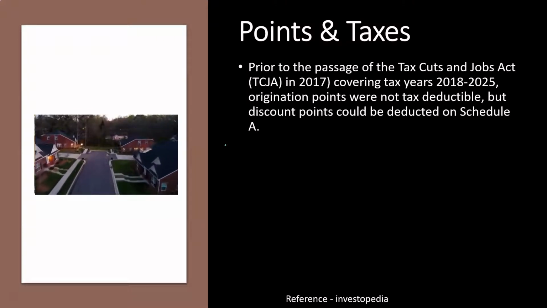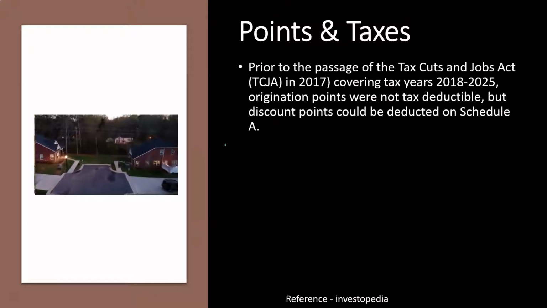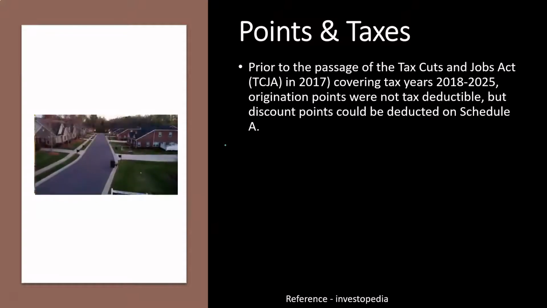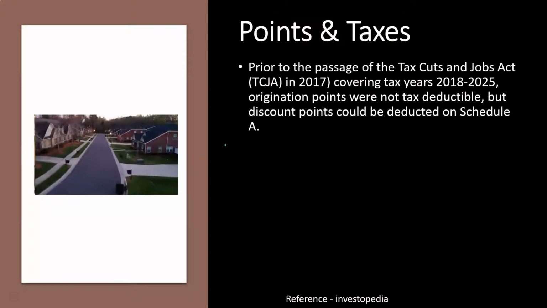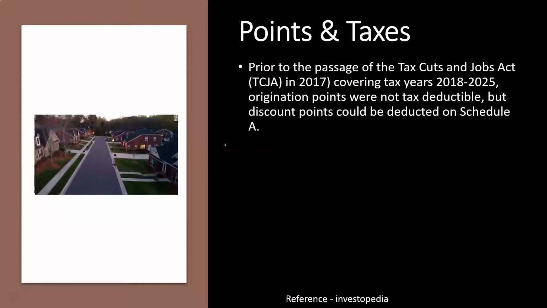The origination points are basically a point system that is actually charging a fee. And if it was classified as a fee, then you would think it would not be deductible if you're deducting interest, whereas the one that's a prepaid interest you would think would be deductible.